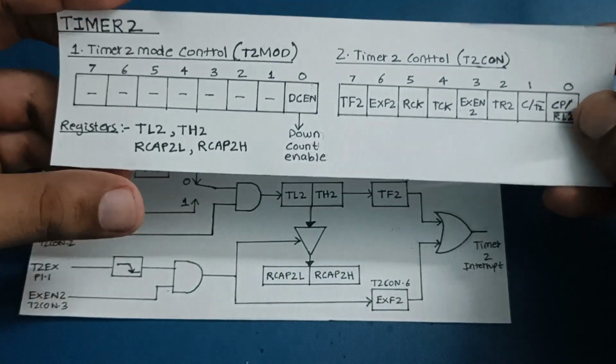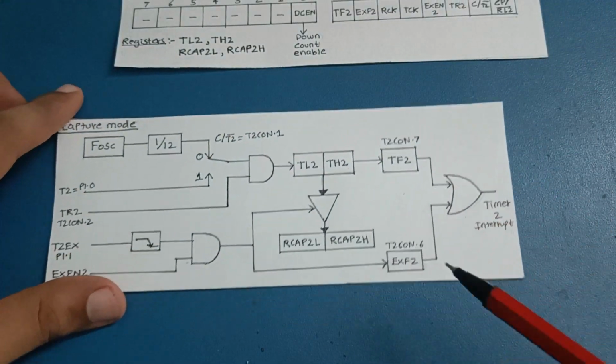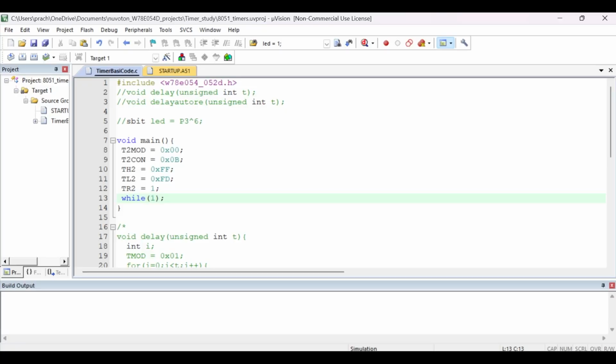So let's go to Keil IDE and see how this capture mode works. This is the code for Timer 2 in capture mode. First we have included the header file for W78E052D. Then in void main, we have loaded T2MOD with 0x00 and T2CON with 0x0B.